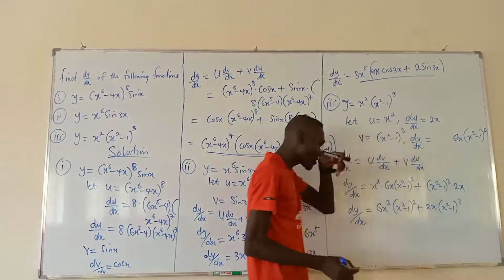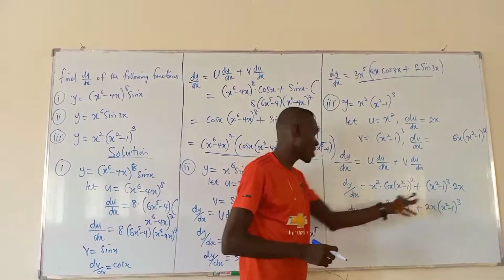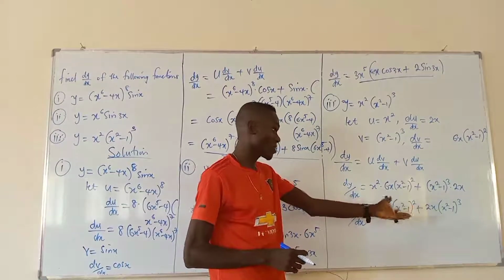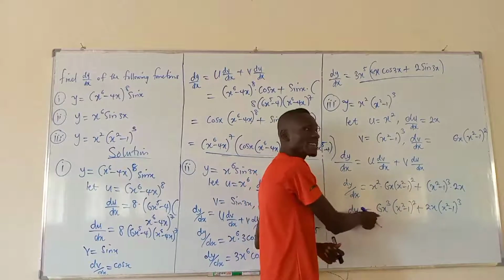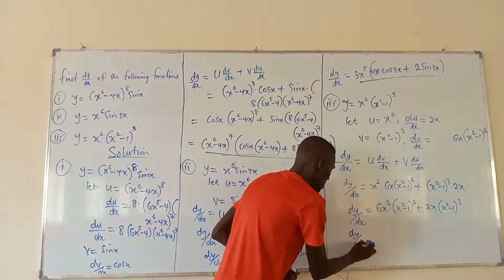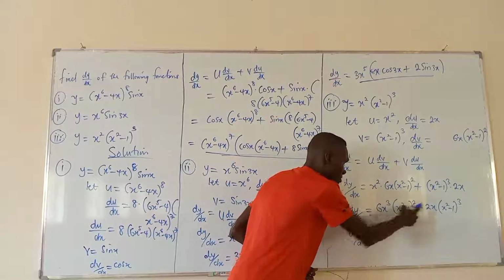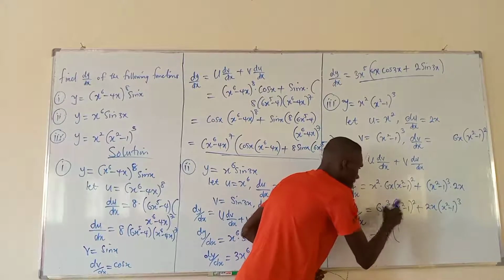But something is really happening here. We have a lot of common terms. I have x here, I have x. 2 and 6, I can just factor out 2, because when I factor out 2, 2 can enter 6. So if I factor out this, I'll have dy/dx equals, I'm still having x, so let's factor out 2x. The only thing left here is going to be what?